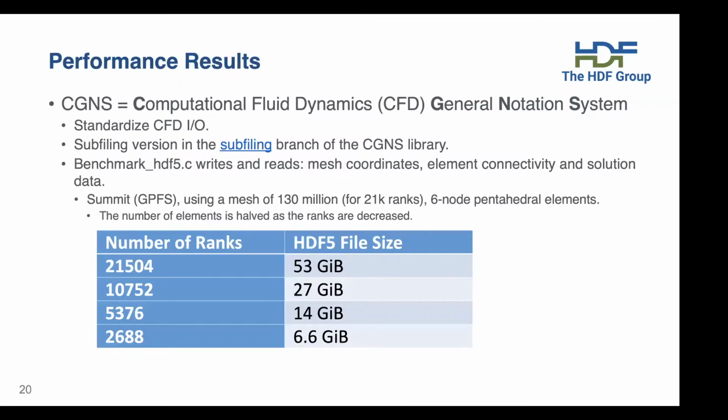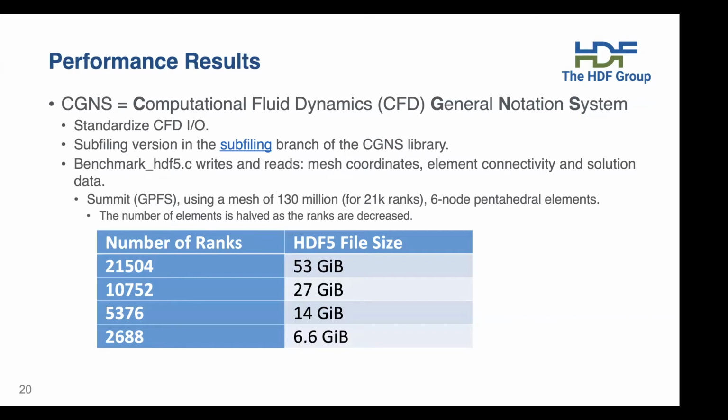And so quickly, I just want to talk a little bit about some of the initial performance results that we gathered. So one of the first applications that we tested subfiling with is CGNS, which, for those that don't know, is a computational fluid dynamics notation system. And so we used a slightly modified version of CGNS, which just has the calls needed to set up subfiling. And we ran this benchmark HDF5 program, which writes and reads mesh coordinates, the element connectivity, and solution data.